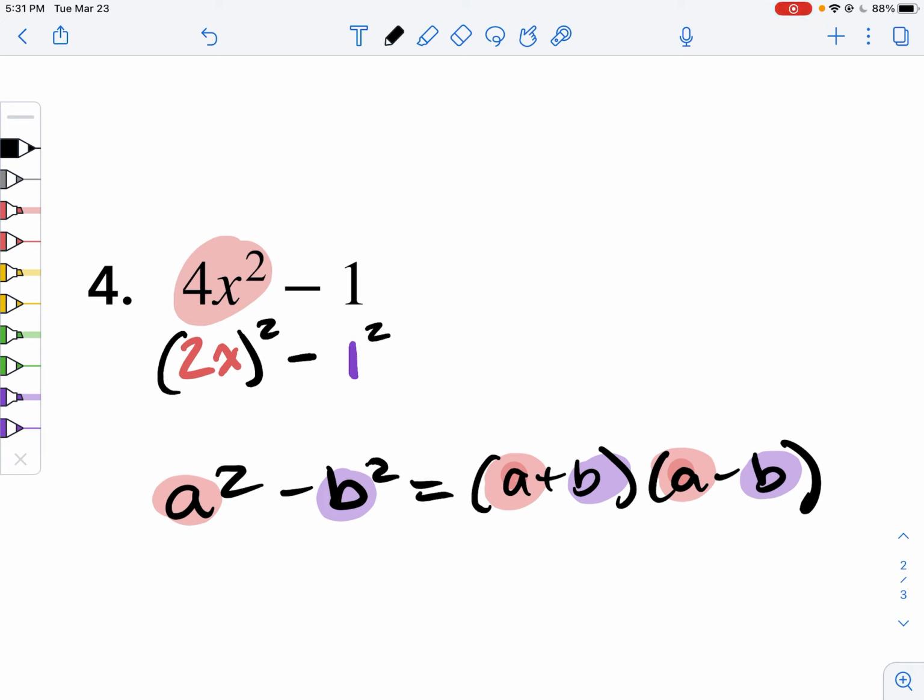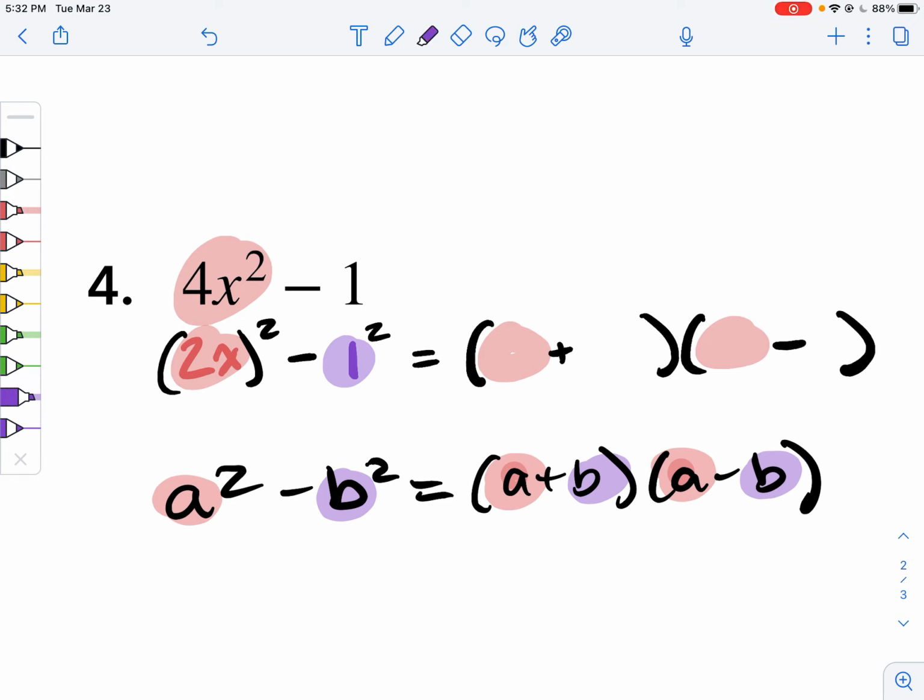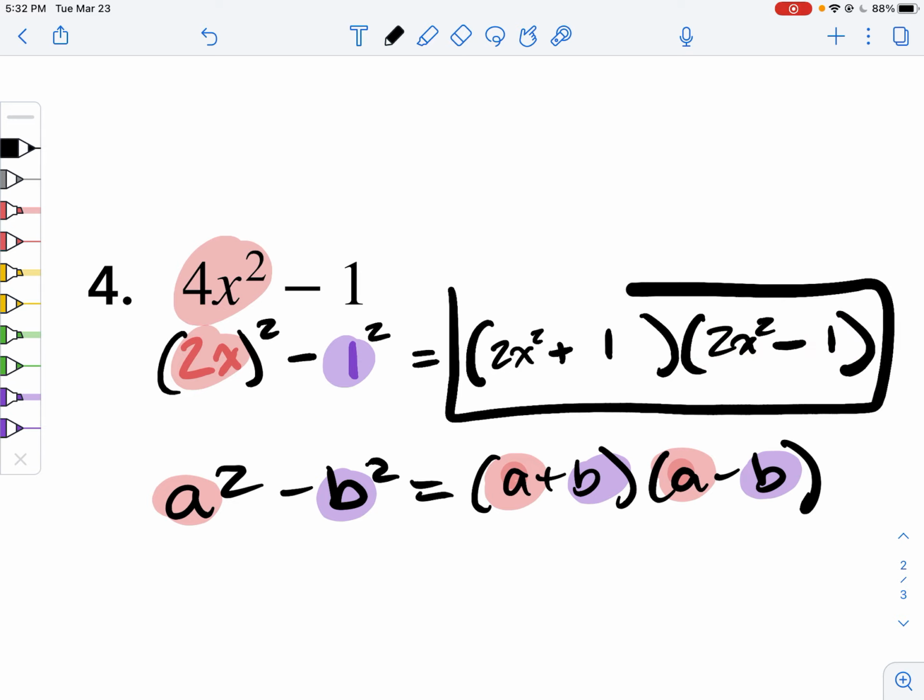Yay, so that tells us that our a here is 2x and our b here is 1. So we're going to take a plus b times a minus b, filling it in, and the factored form of that is 2x plus 1 times 2x minus 1. And that's it, we are all set.